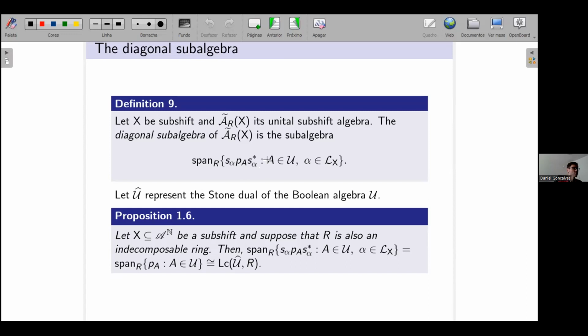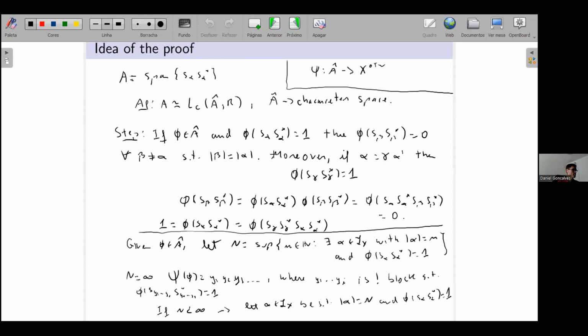One little question: the characters of the algebra A that you put before. They are linear maps, induced, right? The homomorphisms, yes. A as a module is freely generated by the S alpha star, right?